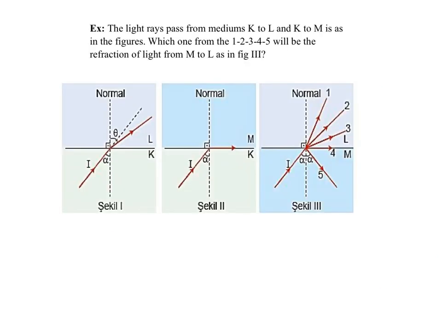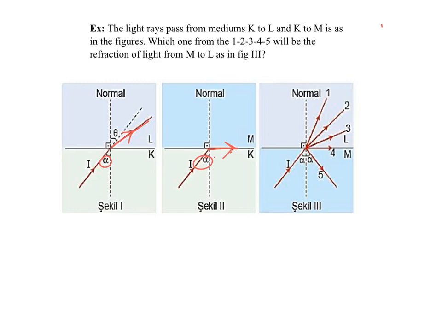The last question. The light rays pass from medium K to L and K to M, as given. So which one from the figure will be the refraction of light from M to L? Now you see that the angles are the same, but here the light ray can pass through the medium L, but this is refracted from the boundary.